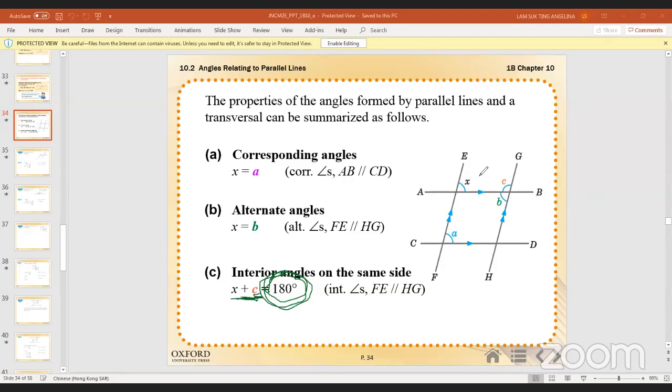Some of you, in the worksheet, added these two angles. They are the interior angles related to parallel lines. You add them together and the result is 180, but the reason here is not correct. Some of you just wrote adjacent angles on a straight line, and that is not correct.